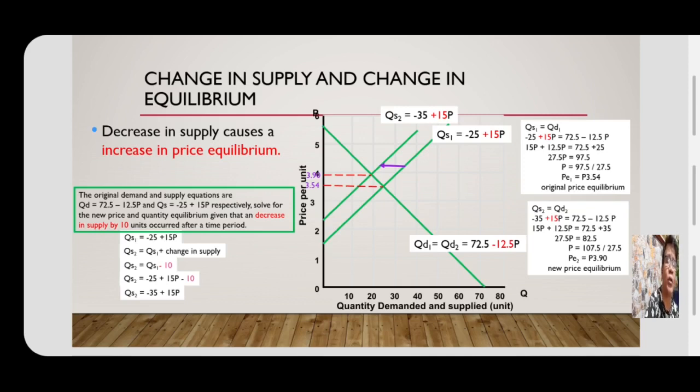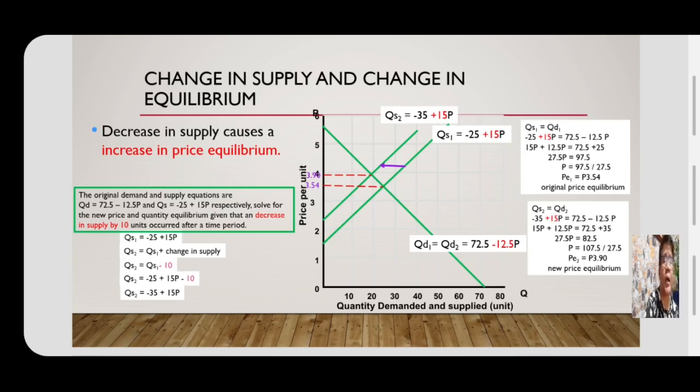The demand is assumed constant. So equating the new supply equation to the new demand equation, we now have a price equilibrium of 3.90. So 3.90 is the new price equilibrium.